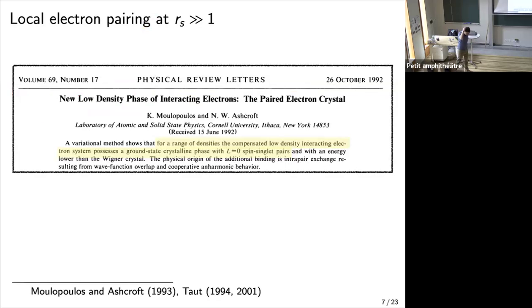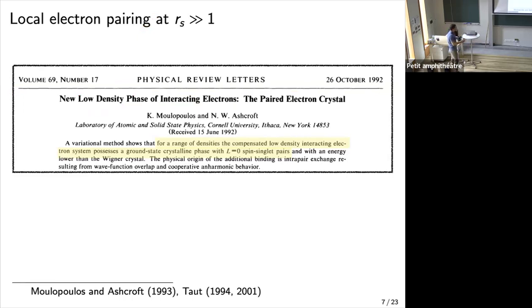So let me first of all tell you what I mean by a paired electron crystal. The original idea that is going to motivate our discussion goes back to an observation made by Ashcroft and his student in the early 90s. They discovered or proposed, let's say, a new low density phase of interacting electrons, the paired electron crystal.